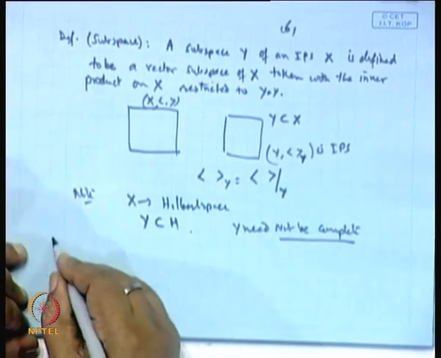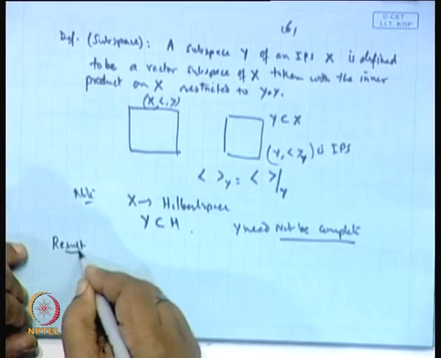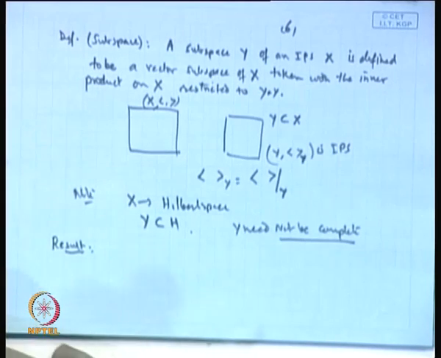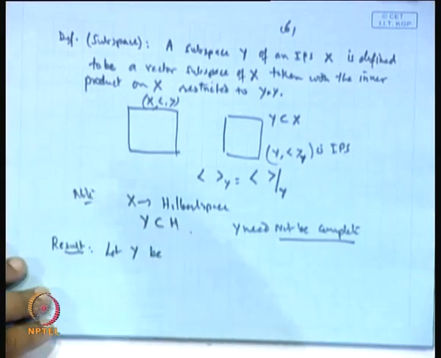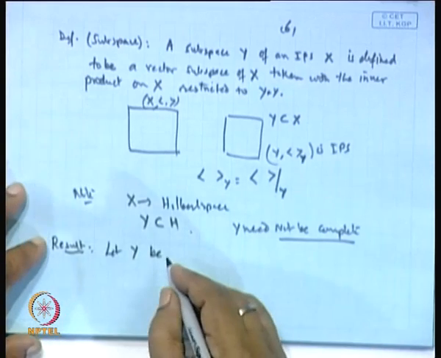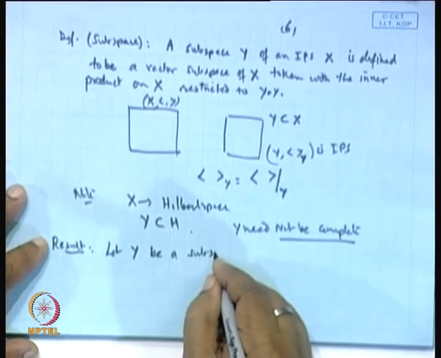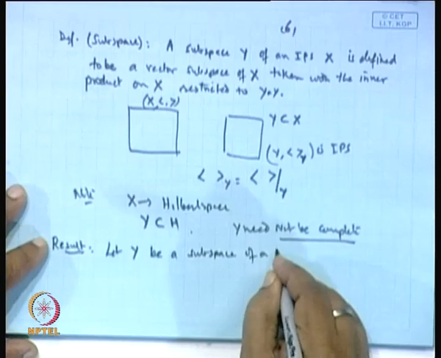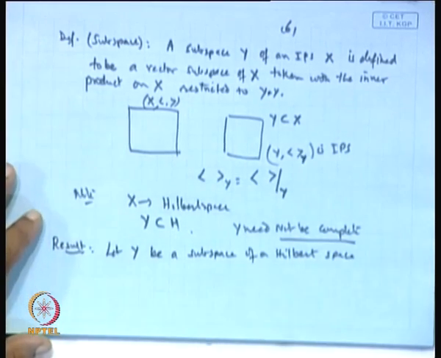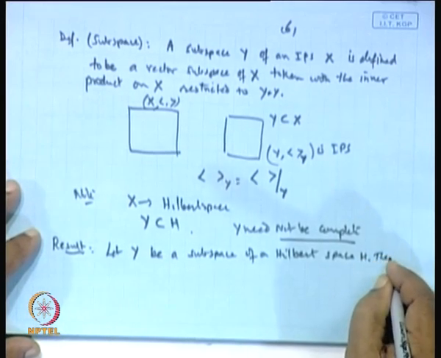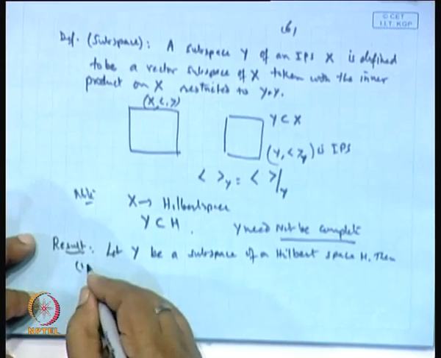Then we have some results, and the proof runs on the same line as we did in the case of norm space. Let Y be a subspace of a Hilbert space H, then the following results hold.